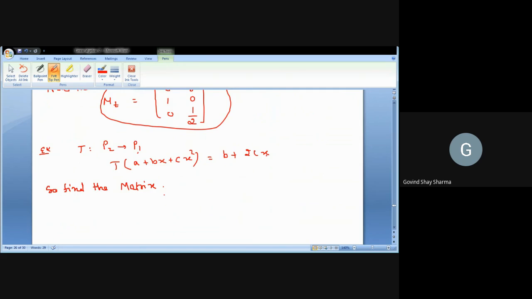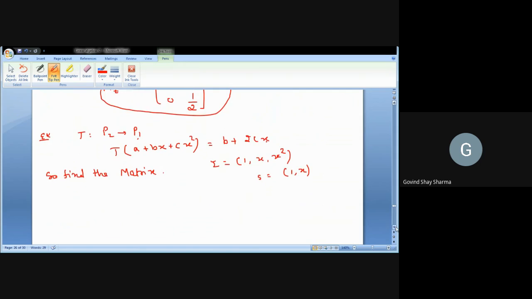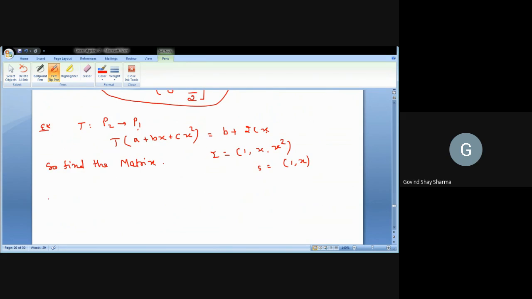Here again the bases are the same. This is from P2 to P2, and the basis is 1, x, x square on both sides. So we take the element 1 from the basis.